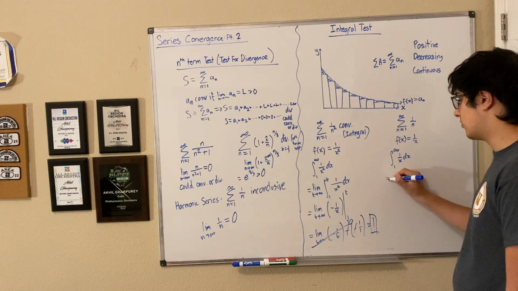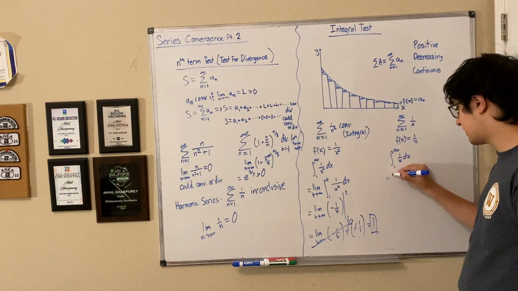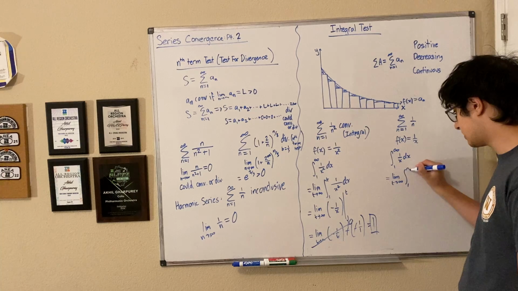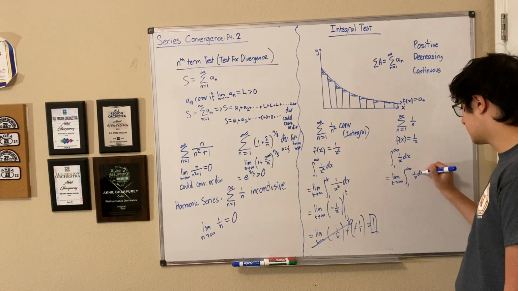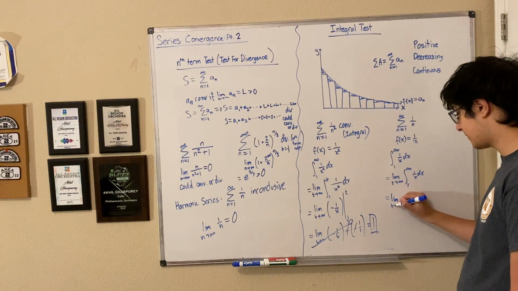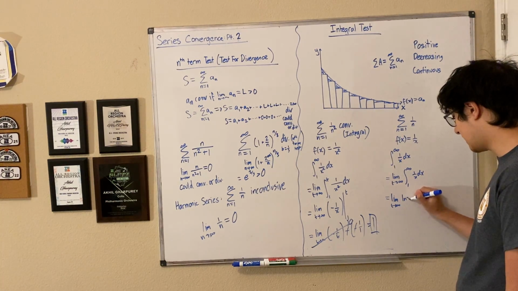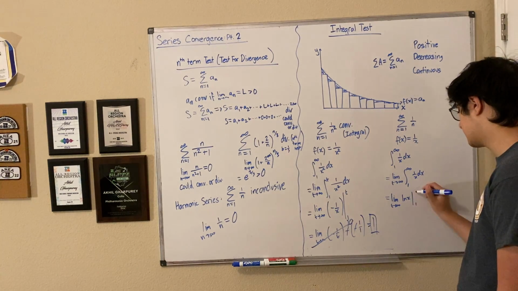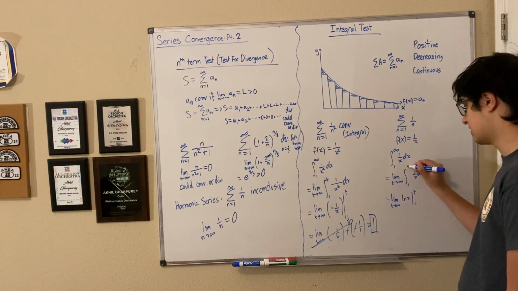This is going to equal the antiderivative of 1 over x, which is ln x, and I'm just going to quickly write notation here. So the antiderivative is ln x, so this is the limit as t goes to infinity of ln x from 1 to t. And this should also be a t, my bad.